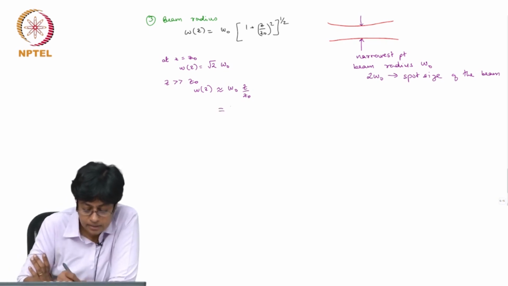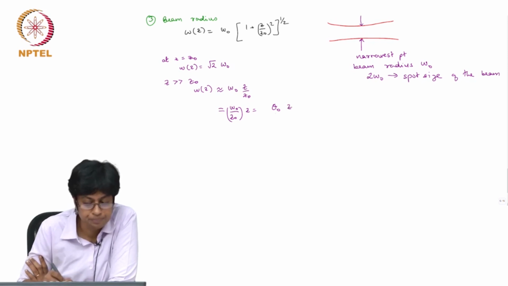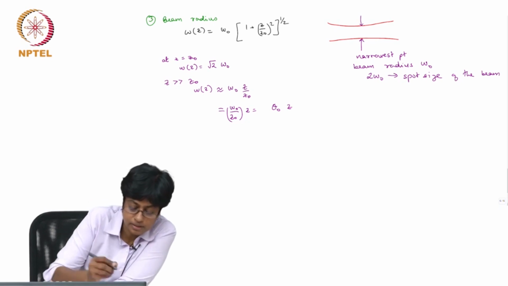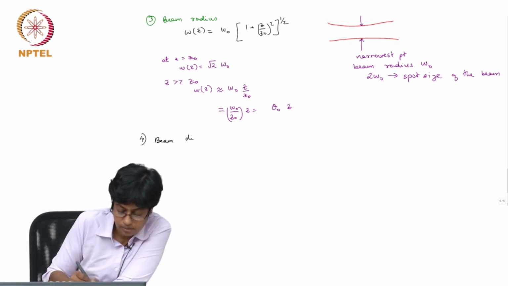And I can consider this omega naught by z naught to give me an idea of the divergence of the beam. Okay, so let's look at divergence a little closer. What do I mean by divergence?